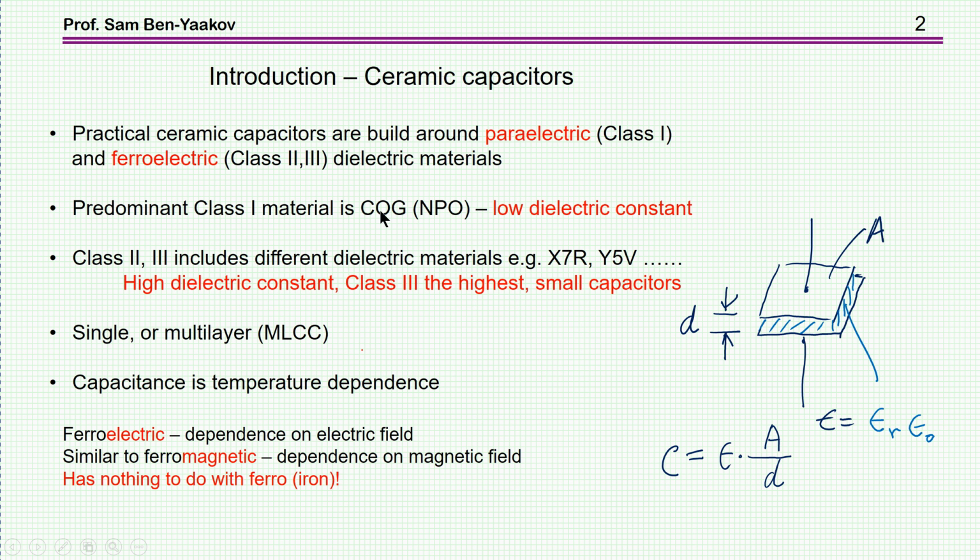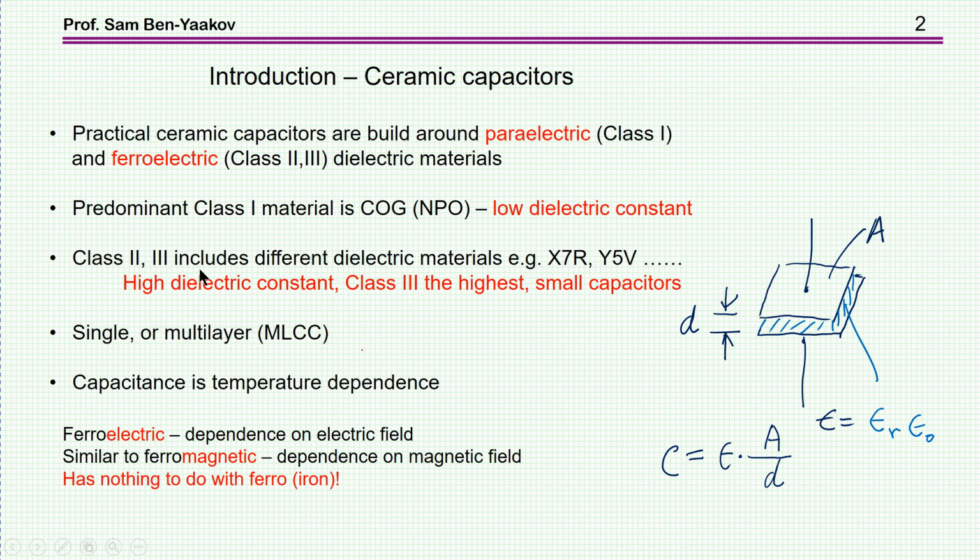So the COG capacitors are of low dielectric constant, therefore they'll be a bit larger. Also, they are limited in the capacitance that you can build practically, and they are not available at very high capacitance values. We'll talk about it a little bit later.